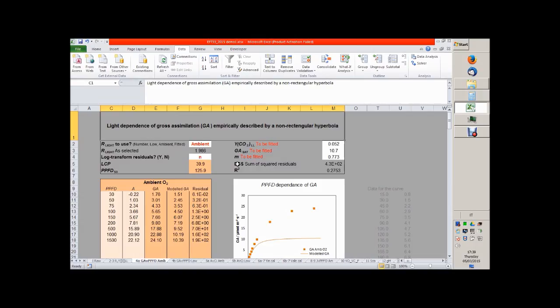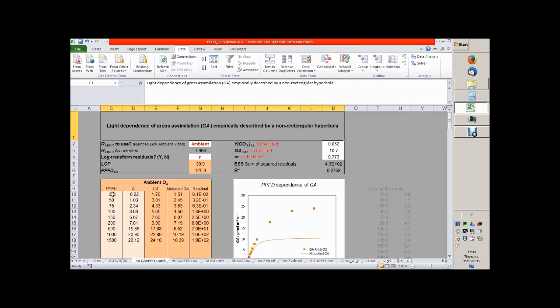The hyperbola is also described by a curvature, which in this sheet we call M. To facilitate the interpretation of the curvature, the sheet also automatically calculates PPFD 50, which is the light intensity which half saturates gross assimilation. Further, the sheet calculates the light compensation point, which is the light at which net assimilation is 0.